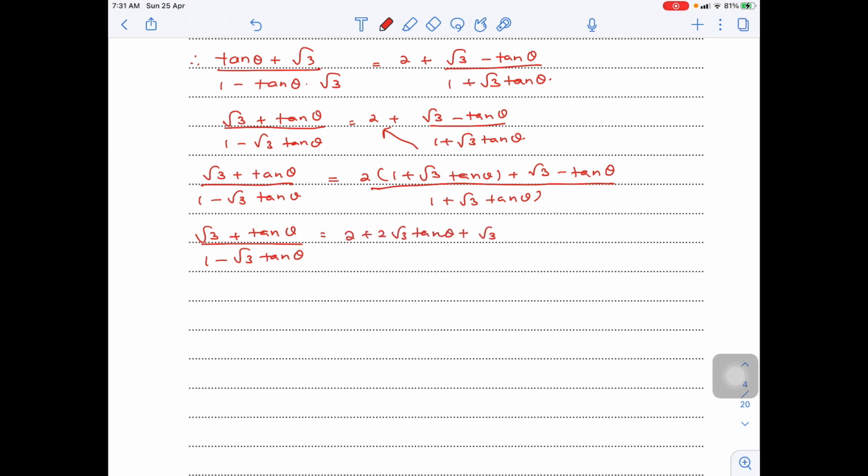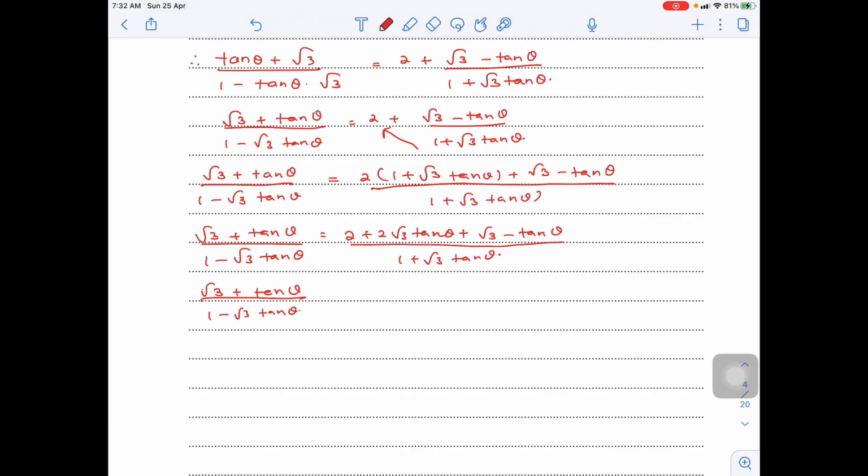So that becomes root 3 plus tan theta over 1 minus root 3 tan theta equals (2 + 2 root 3 tan theta + root 3 - tan theta) over (1 + root 3 tan theta).